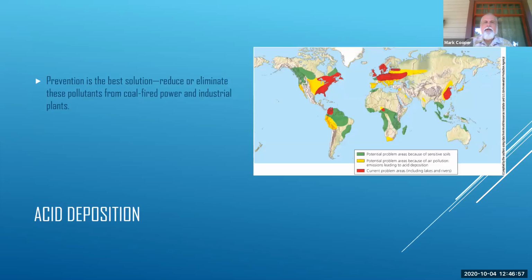Acid deposition. And if you look globally, where are these problems? And you're going to notice that for us, it's really on the East Coast. We have some problems here. There was actually a lake in, I think it was Virginia, that had a pH of 2, which is the pH of stomach acid. And pretty much that lake had died.